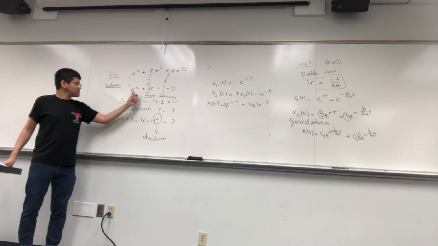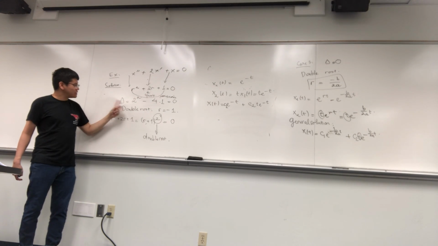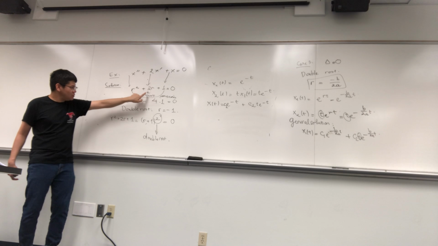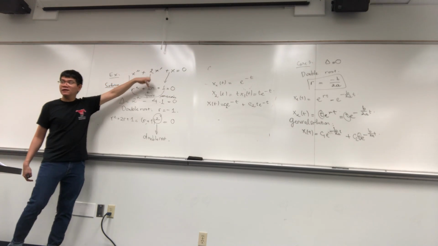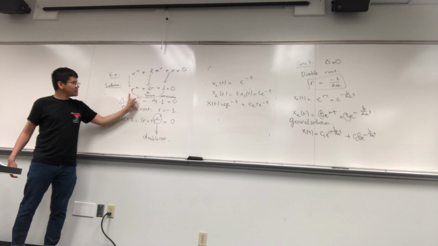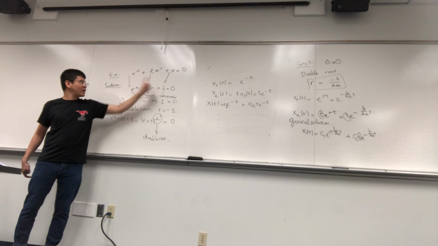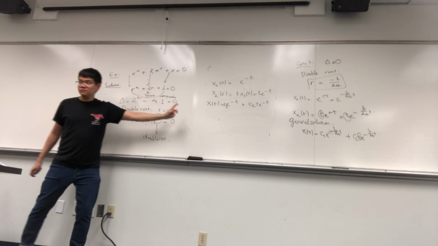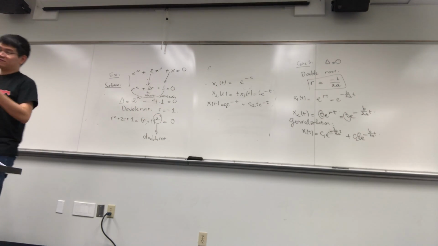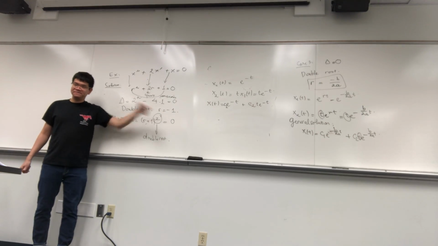Then you have the equation r squared plus 2r plus 1 is 0. Now you compute the delta: you take the square of this one and subtract 4 times the product of 1 and 1. You get 0. The delta is 0, meaning that you have a double solution. So the double root is minus 1.